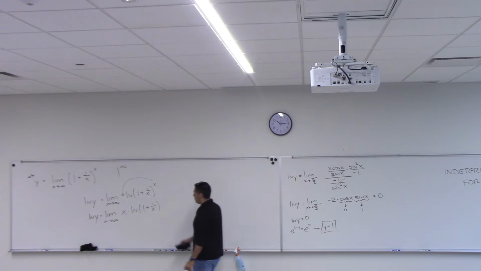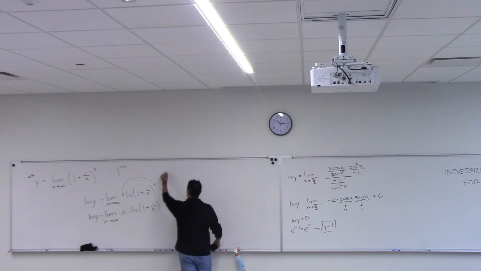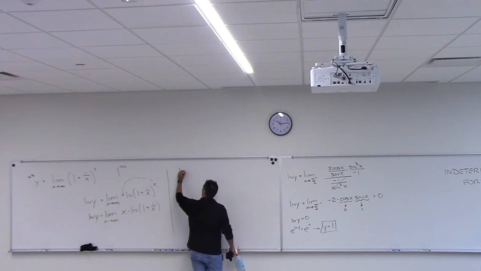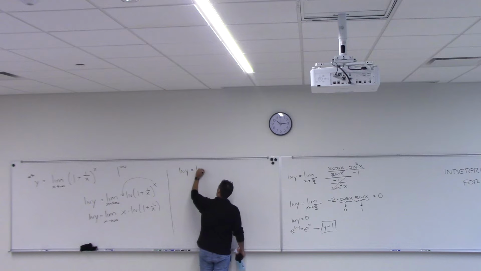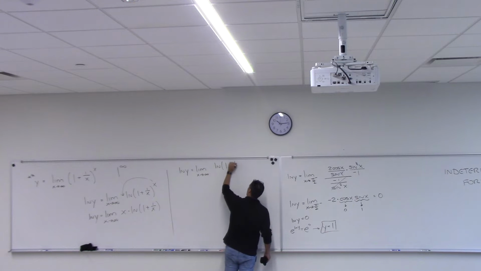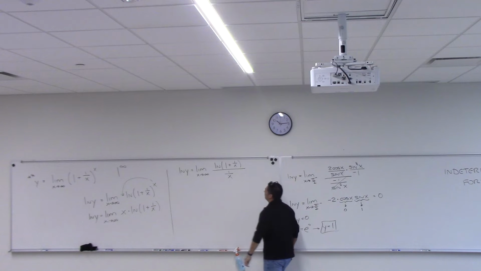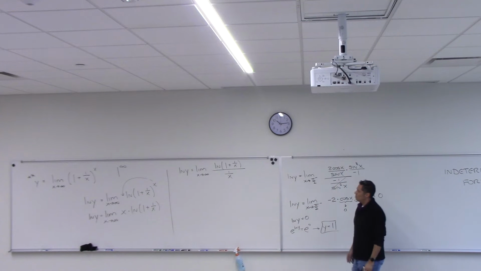Let's not drop this, right? This looks nasty. Drop the x to the bottom as a 1 over x. Natural log y equals limit x goes to infinity of natural log of 1 plus 1 over x, and then over the 1 over x we dropped. Any questions there?